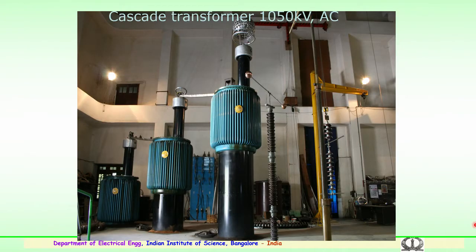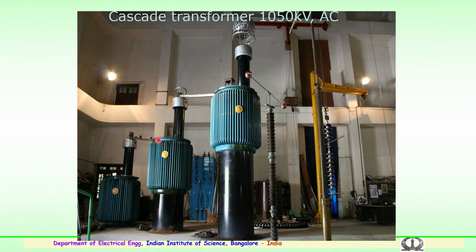So, cascading of 2, 3, or 4 transformer units is normally done at various high voltage laboratories depending upon the voltage required for testing equipment. One such example is at the Indian Institute of Science, where we have 3 units of 350 kV, each unit cascaded.